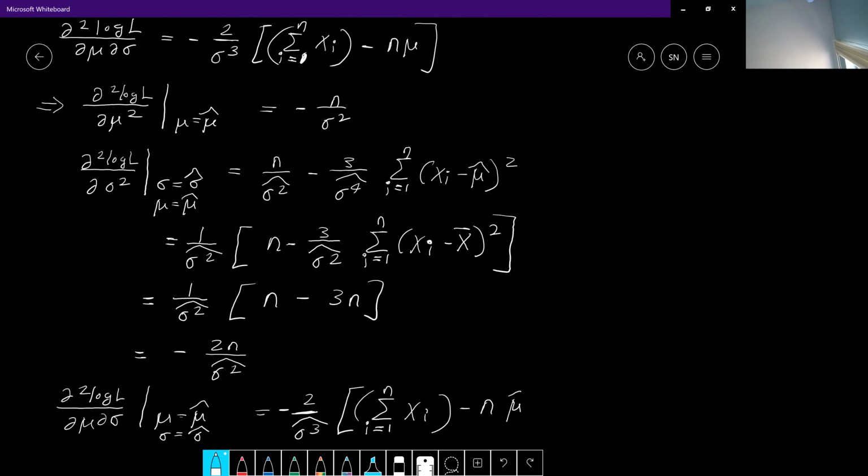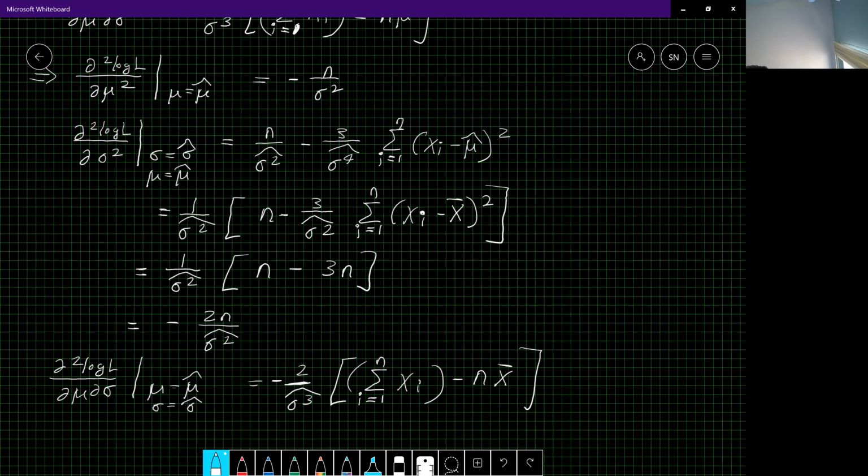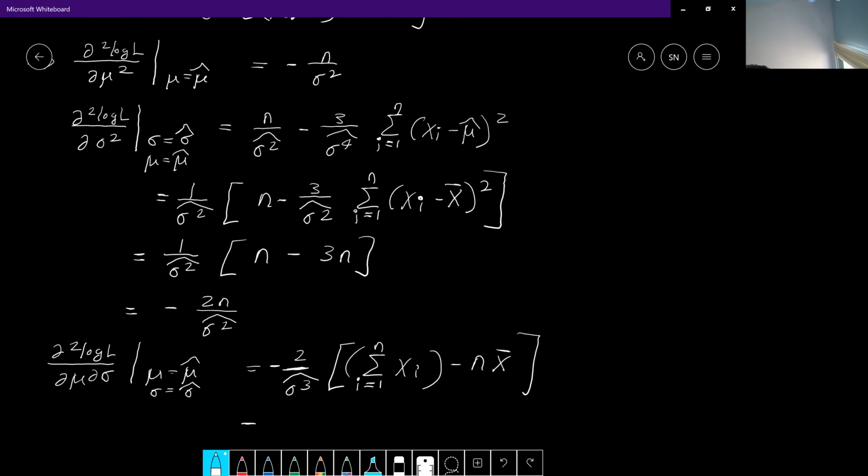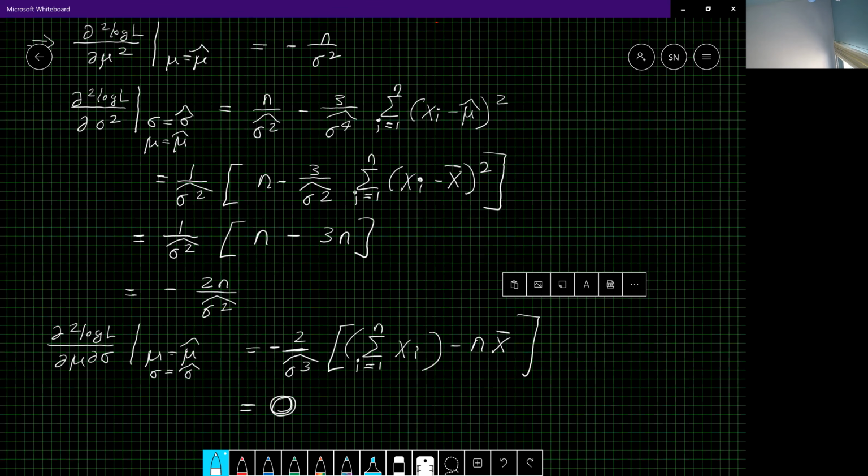Now we know that mu hat is the sample mean, so let me replace it already. So I will replace mu hat by x bar. Now clearly the sum of xi minus n x bar is 0, so this is clearly equal to 0. So what we have done so far is to work out each of the three second order partial derivatives at the estimates that we got in part C. Now we can check the two conditions.